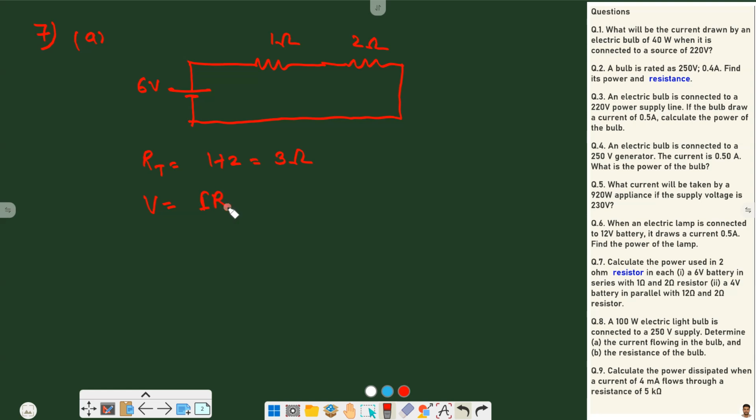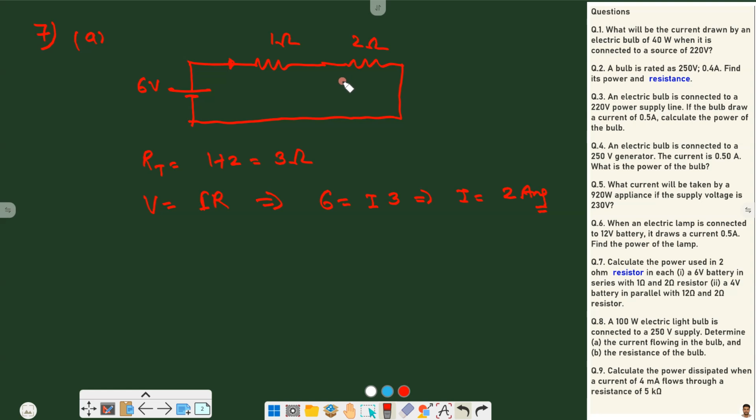V is equal to IR, so V is 6, I is as it is, and R is 3. From this I is equal to 2 ampere. So 2 ampere current is flowing through this and this, because in series the current stays the same.